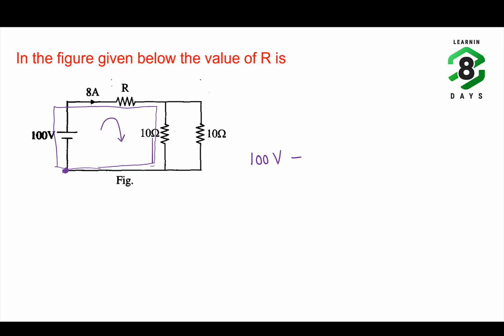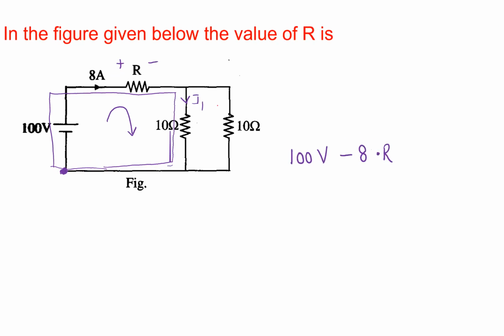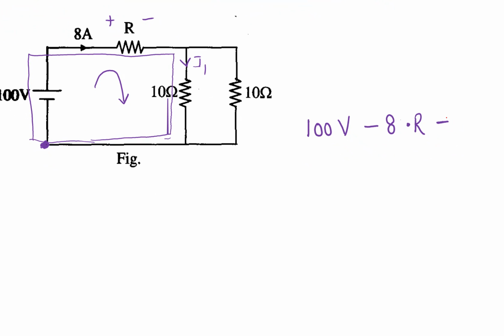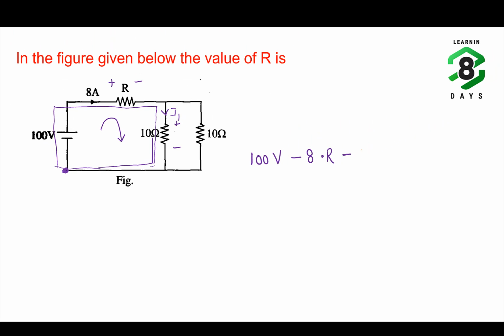It is 8, minus potential drop 8 into R. Again I don't know the current that is flowing through this 10 ohm resistor. Let us call this I1. So minus, again current entering the positive terminal and leaving the negative terminal, minus 10 into I1 is equal to 0.